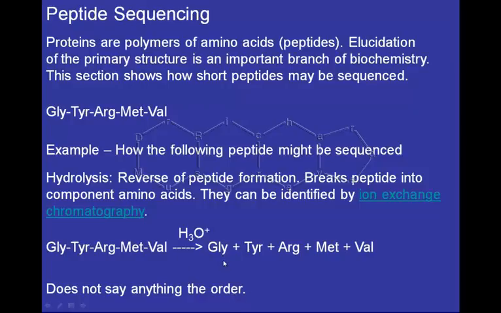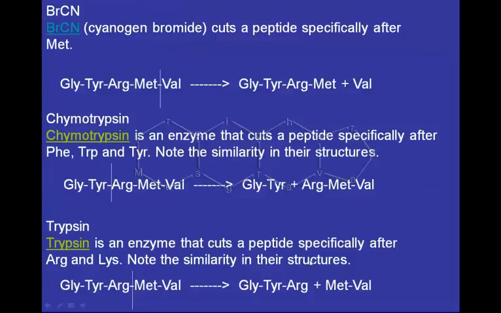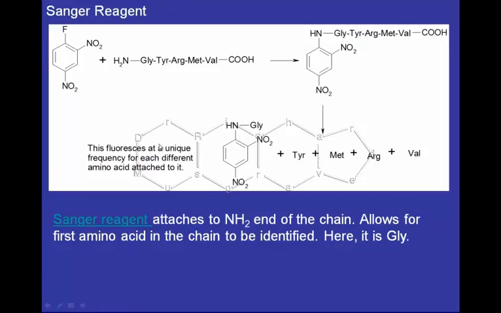And we can do that using, first of all, the Sanger reagent. What the Sanger reagent will do is react with the amino end of the peptide, which is the first amino acid in the chain, and it will break that amino acid off the chain, and then you're left with this kind of compound, which will actually fluoresce at a unique frequency depending upon the amino acid that's connected to this grouping.